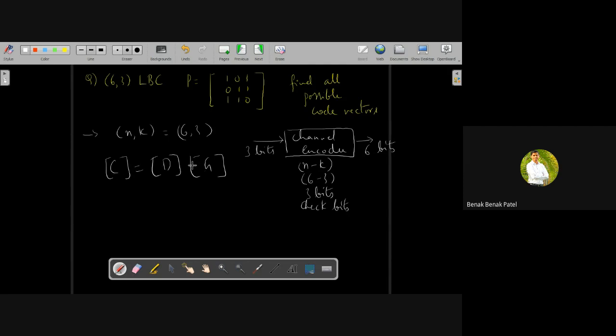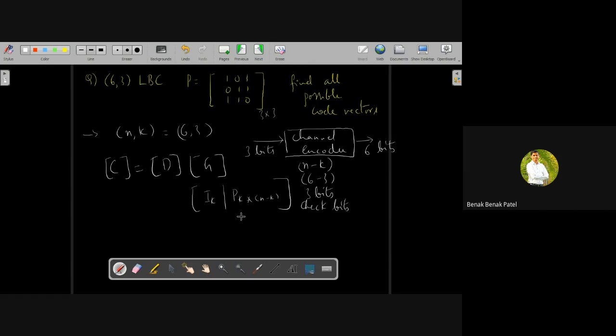But I know this G is composed of two matrices: the first one is the identity matrix, the other one is the parity matrix. The parity matrix size is k cross n minus k. I know only this part, which has 3 rows and 3 columns, so it is of size 3 cross 3.